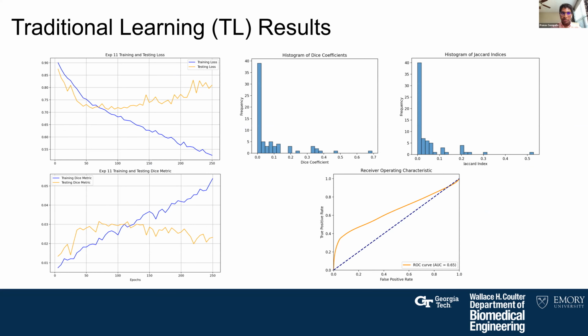In our traditional learning experiment, we could observe a typical decline in dice loss, as well as a moderate increase in dice metric, as well as typical distributions of dice coefficient and Jaccard indices.